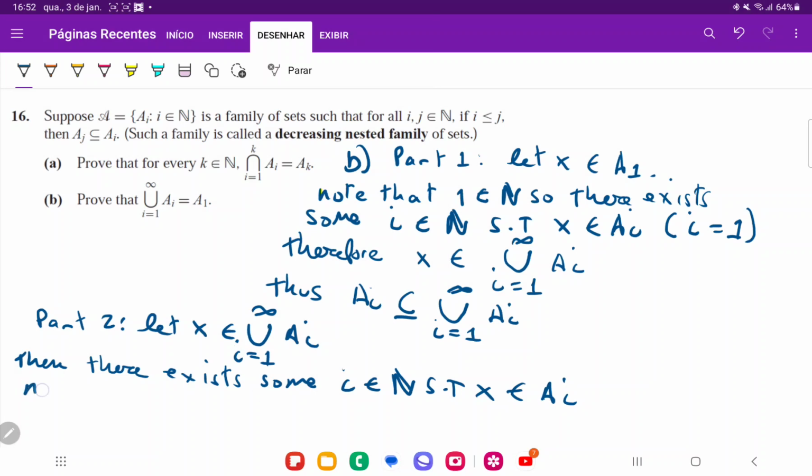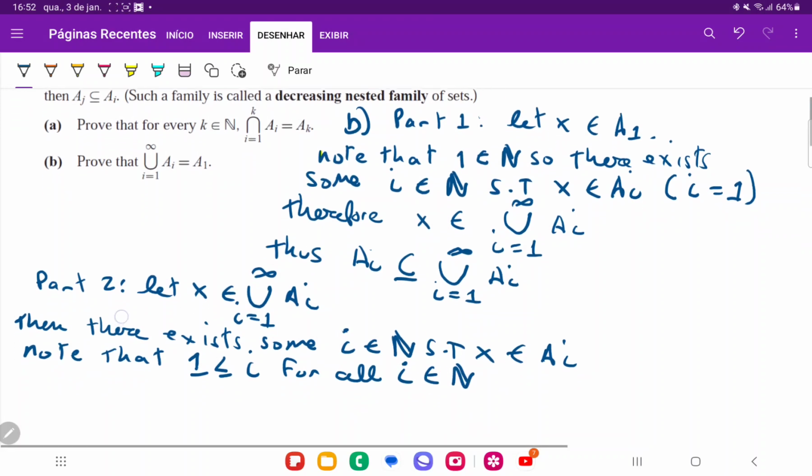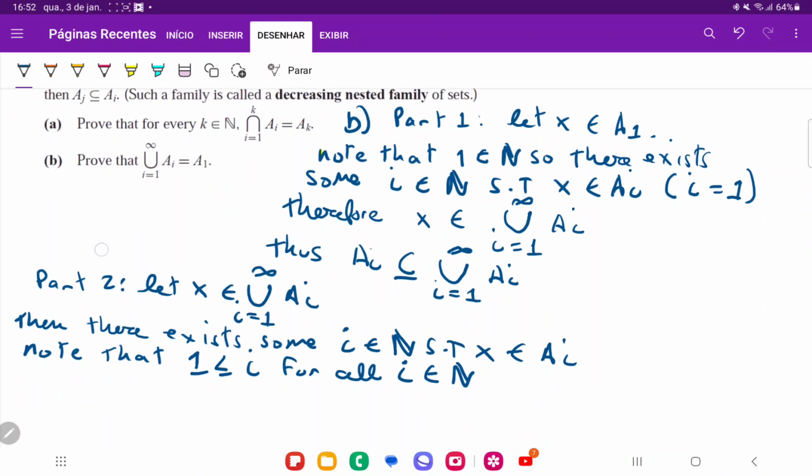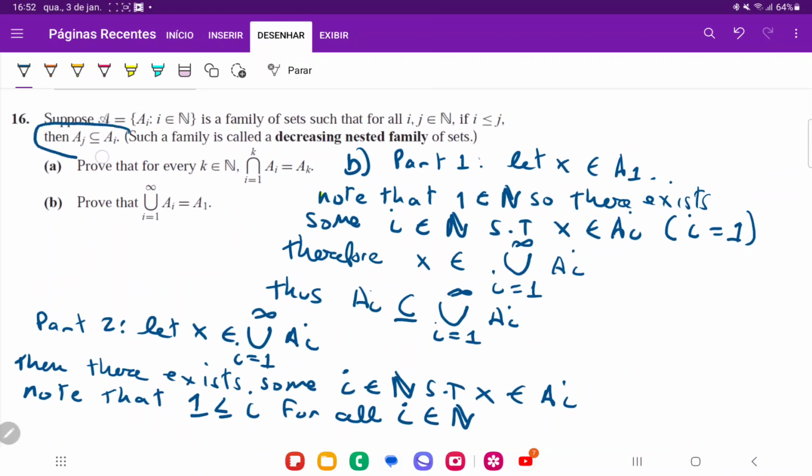And now we note that 1 is less than or equal to I for all I belonging to the natural numbers, right? So I is greater than or equal to 1. And now remember what we said here, that if you have one index that's greater than or equal to the other, it means that that set is contained within the smaller index one, right?